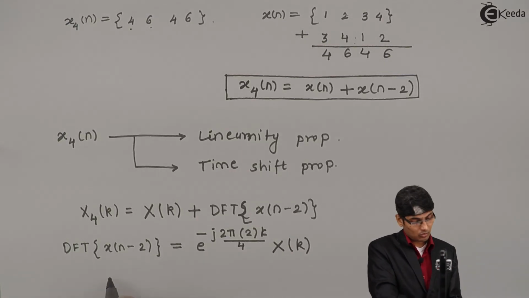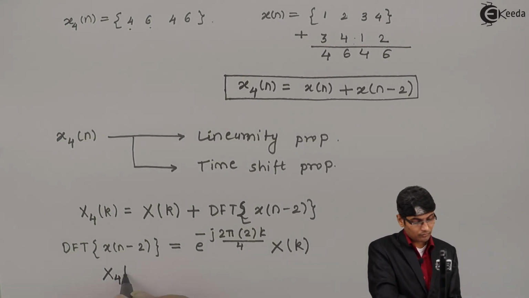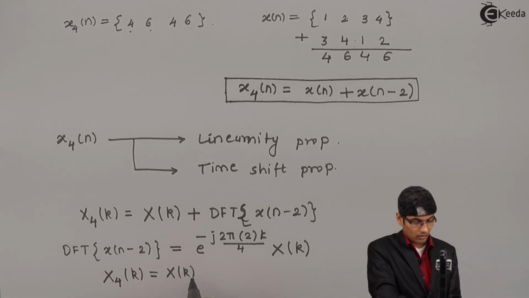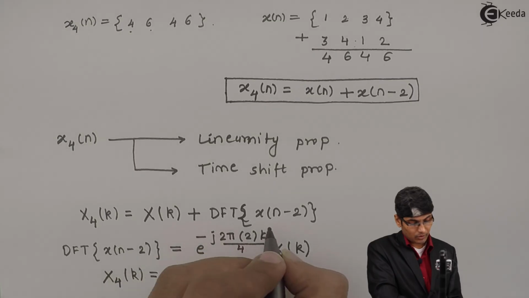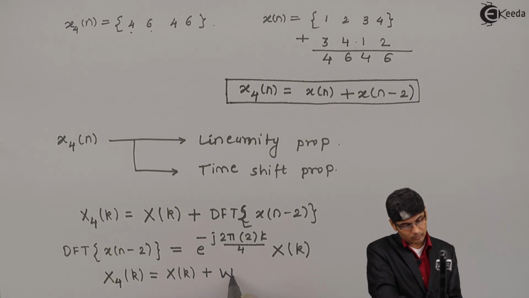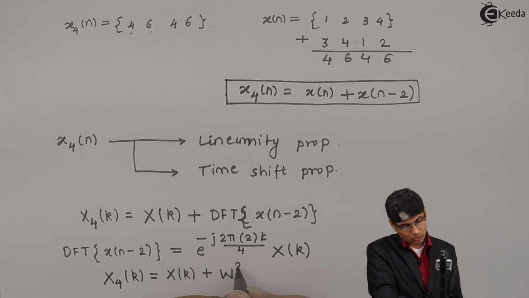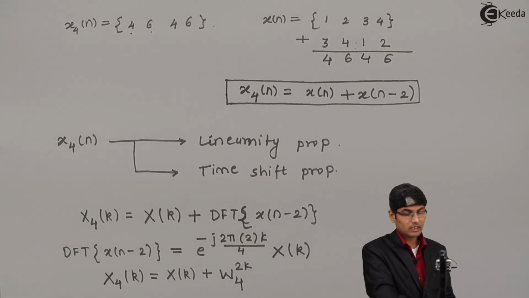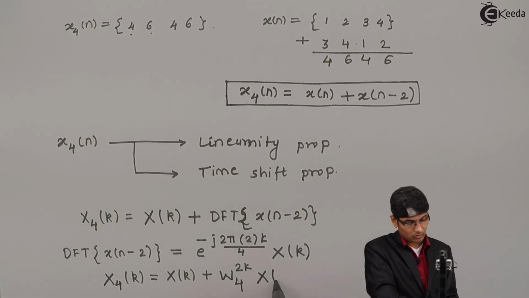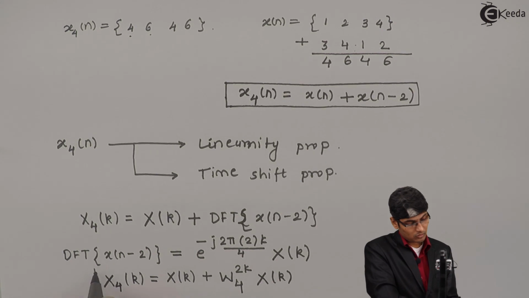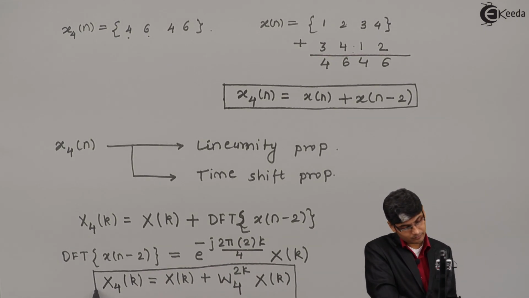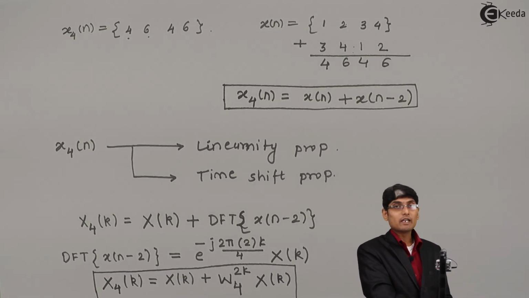So, my x4 of k will be equal to x of k plus, I will write it as w 4 raised to 2 k, because L is 2, k is a variable now, x of k. So, this is the given relation that we will be using for solving the x4 of k.